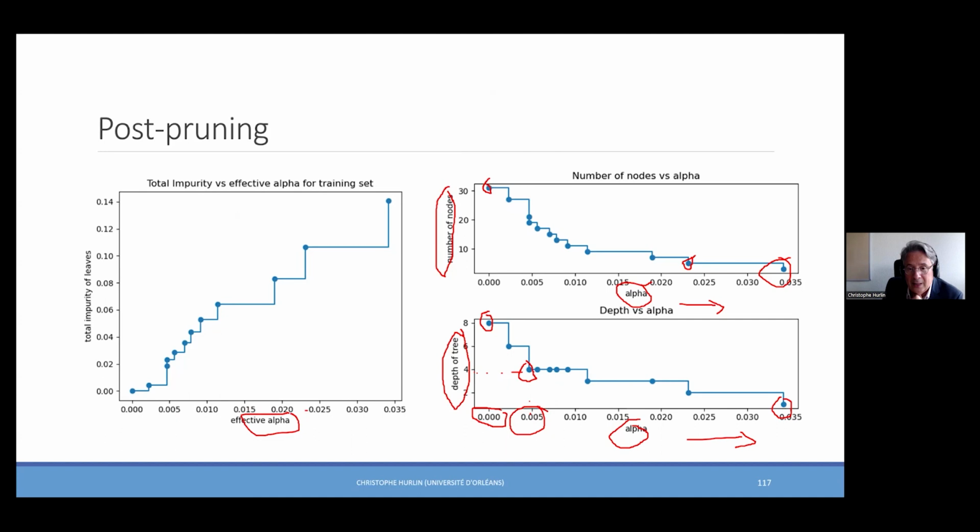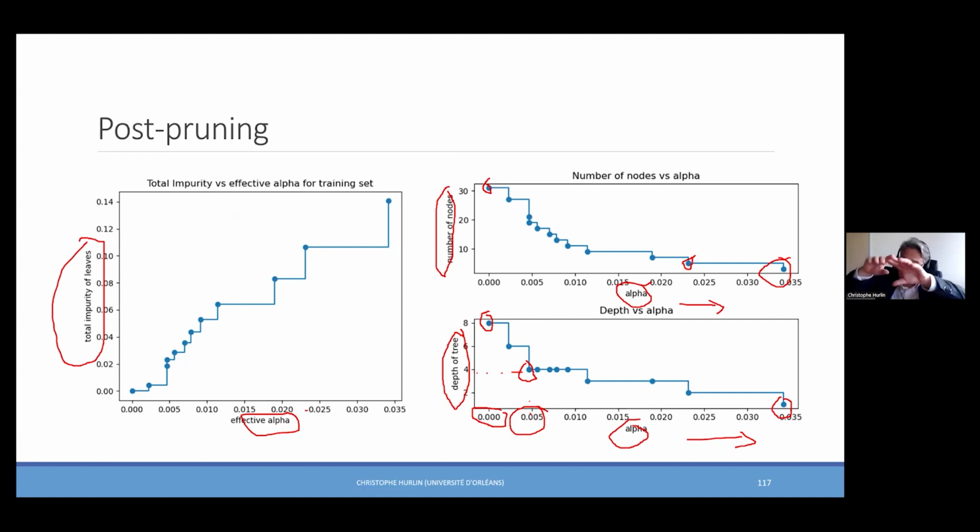When I increase alpha, there is an impact on the total impurity. The total impurity is the decrease of the impurity measure at each node of the tree. This is a kind of measure of accuracy, because the idea is to decrease the impurity from the node to the terminal leaf.